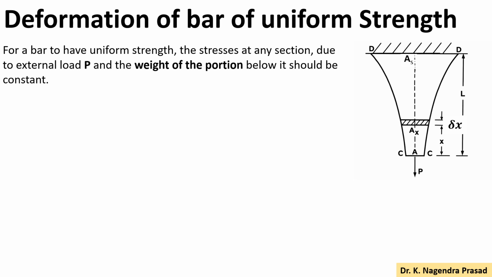For a bar to have uniform strength, the stresses at any section due to the external load capital P and the weight portion below it should be constant. So let's see this picture. Here, the cross-sectional area of the bar is varying and the stress at any section is constant, and the applied forces are the external load capital P and the weight of the portion.